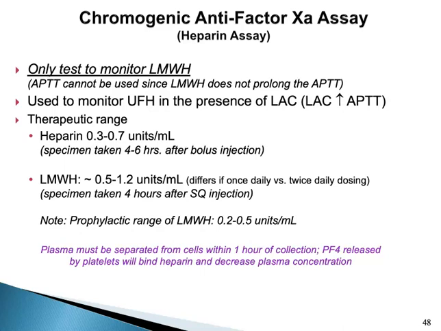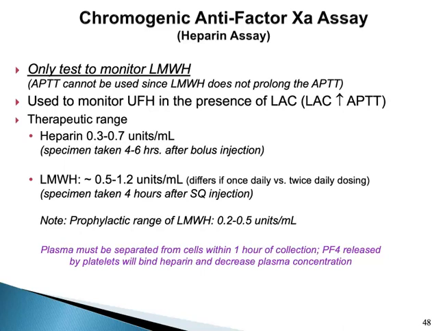And so, we also use this test when we want to monitor unfractionated heparin in the presence of a lupus anticoagulant. So again, the therapeutic range should be 0.3 to 0.7 for unfractionated heparin, but for low molecular weight, it's about 0.5 to 1.2 units per ml.